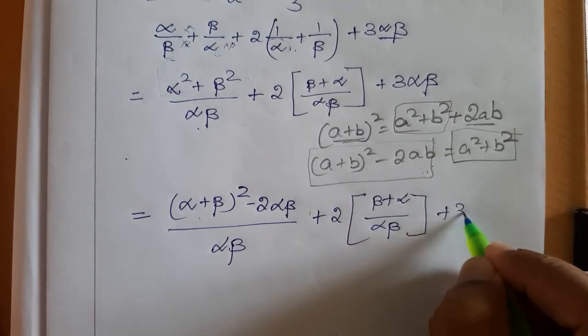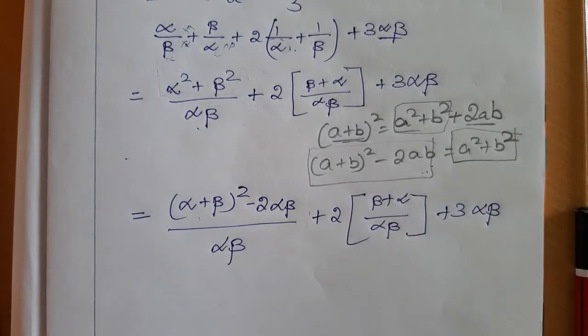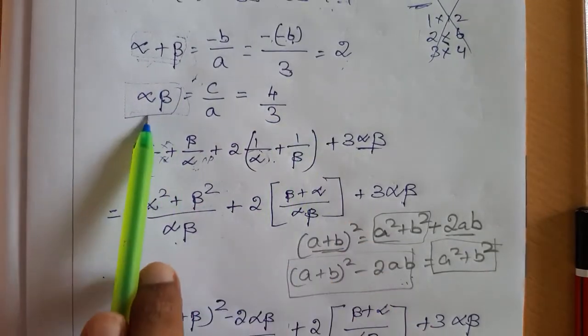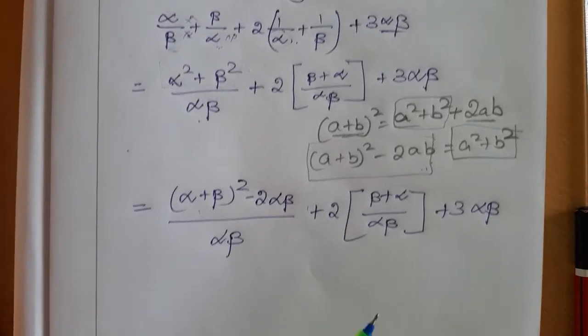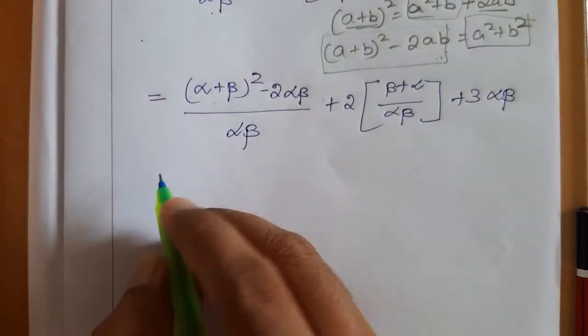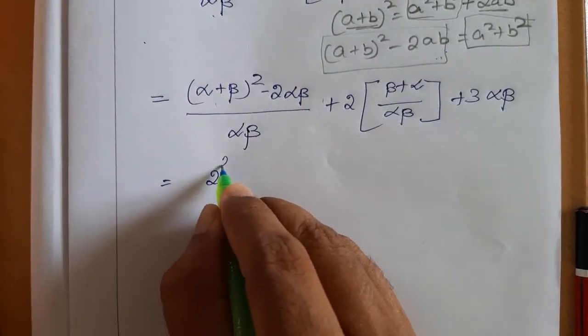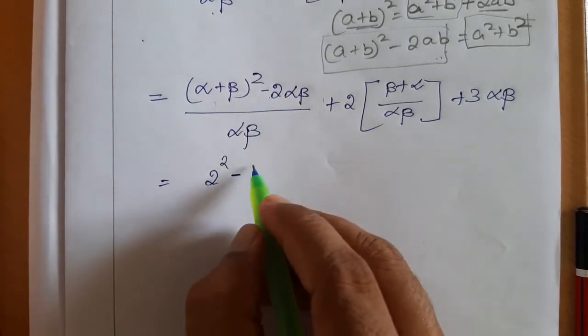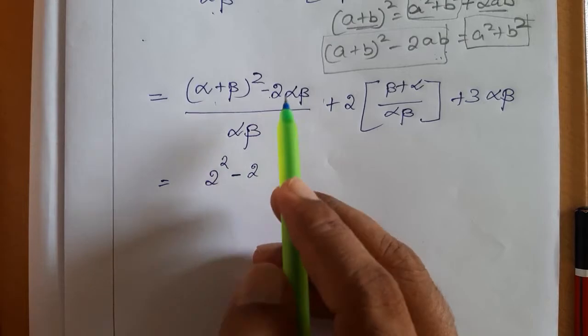Now you substitute. Alpha plus beta is 2, and alpha into beta is 4 by 3. Let me substitute. Alpha plus beta is 2. Here the square is 2 square minus, what is here, 2 into alpha into beta?